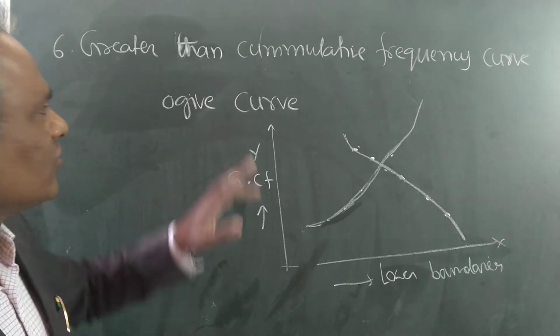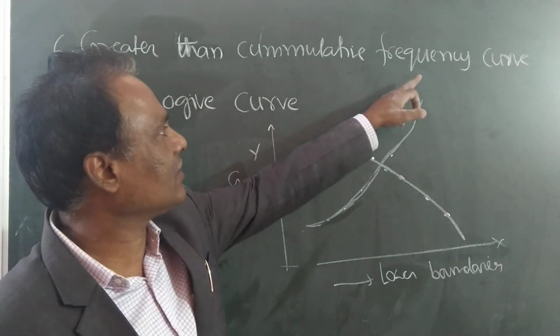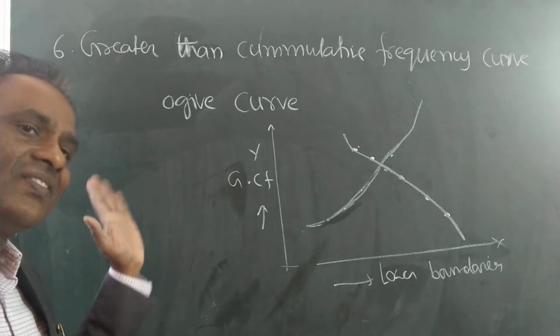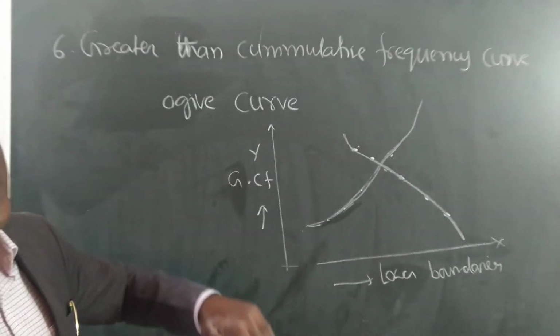Generally in our textbook, this sentence will not be given. Ogive means less than type ogive curve, greater than type ogive curve.